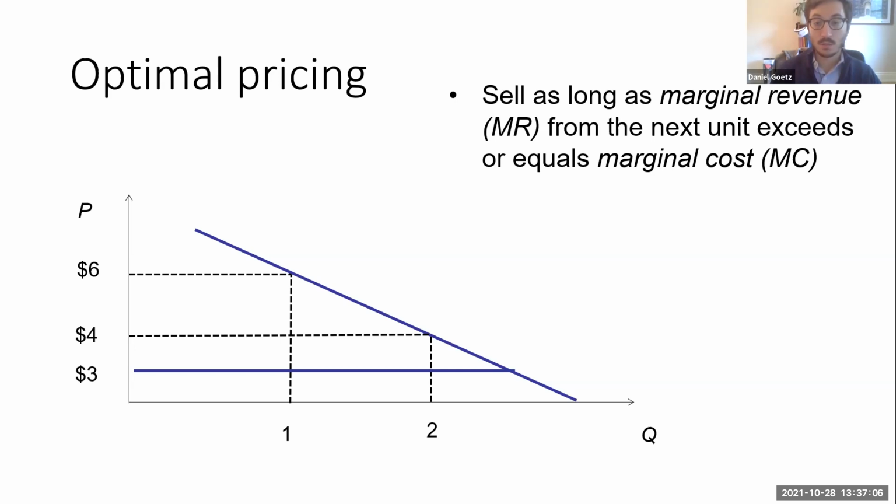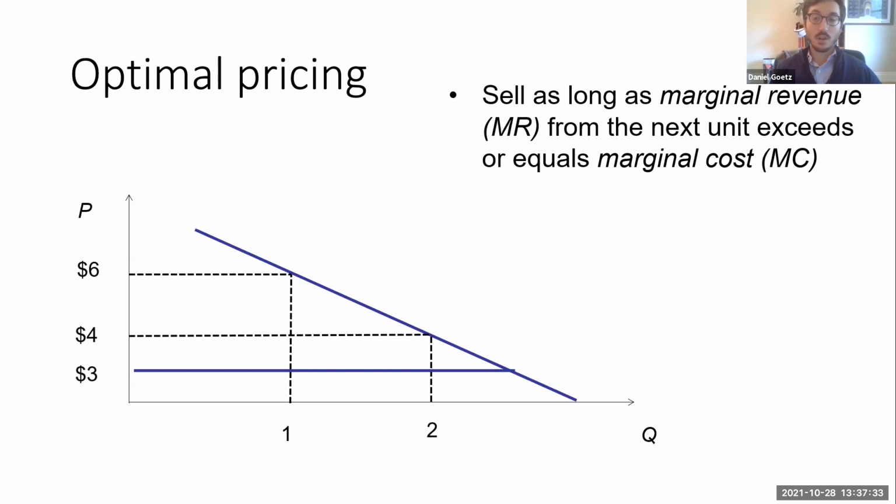If you're selling at $4, you're selling to A and B, 2 units, both at $4. That means you're making $8 total and it's costing you $6, which leaves you a profit of 2, smaller than 3, right? So you would stop at just 1.